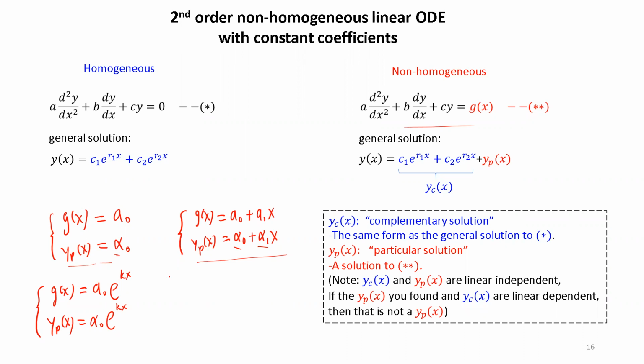And if this is a sine omega x or a cosine omega x, then the trial solution you will try is this.